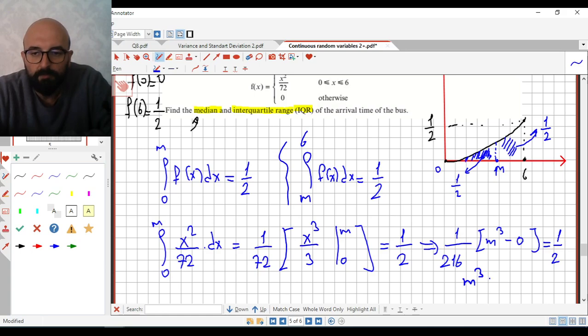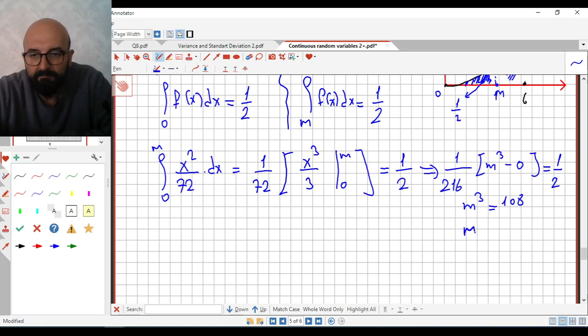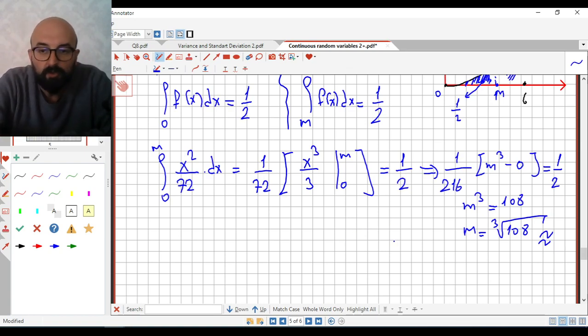So m cubed should be 108, and m should be the cube root of 108, approximately 4.76. So m is 4.76.